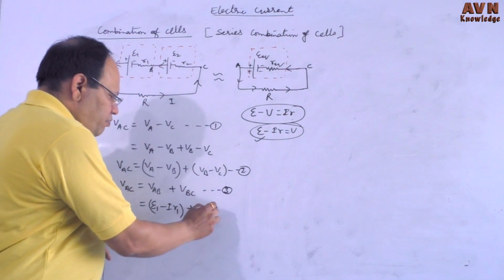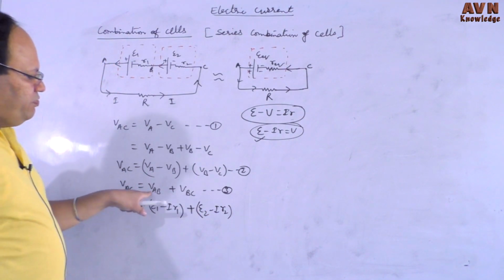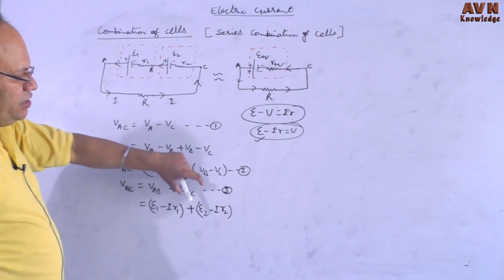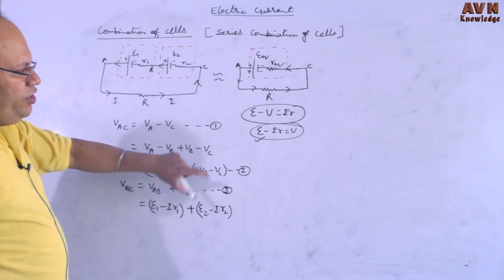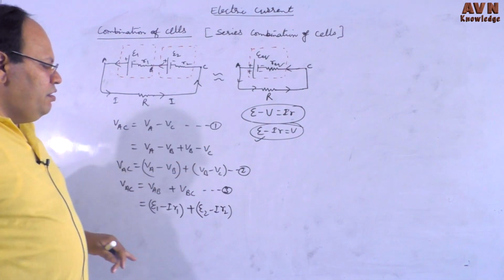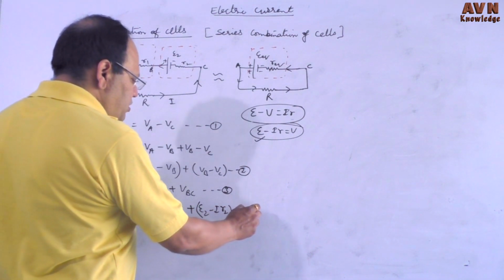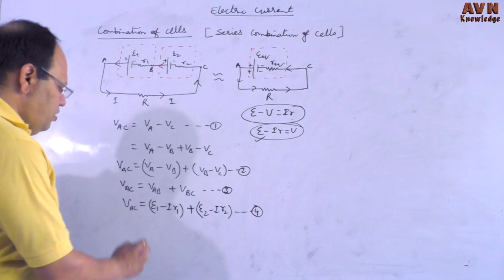So E2 minus I into R2. So the potential difference between A and B and the potential difference between B and C, we use the standard formula E minus V equal to IR for this equation, that is the VAC. This is equation 4.